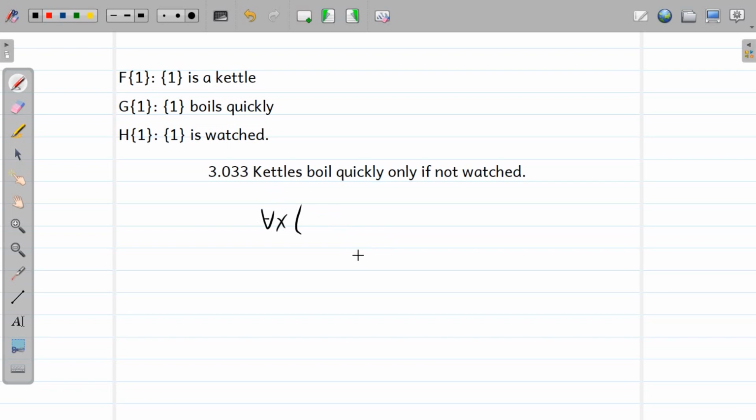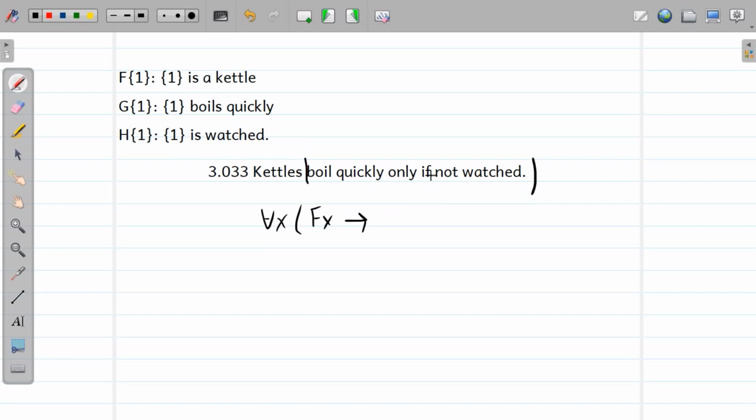What is the thing that something is being claimed about? Kettles. So if something is a kettle, then something, something. Boil quickly only if not watched.